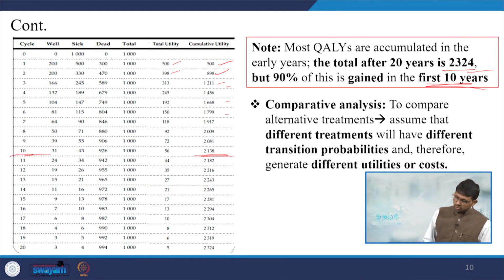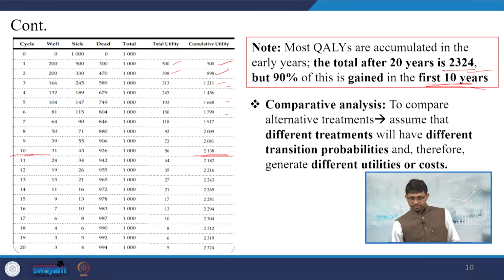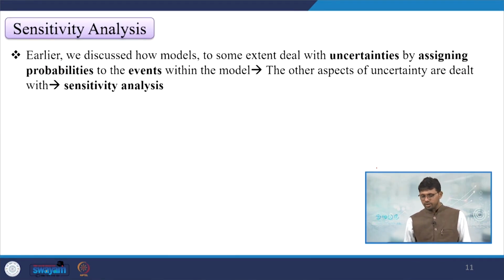So, to compare alternative treatments, assume that different treatments will have different transition probabilities and therefore generate different utilities or costs. Since there are transition probabilities, hence it will have different utilities.